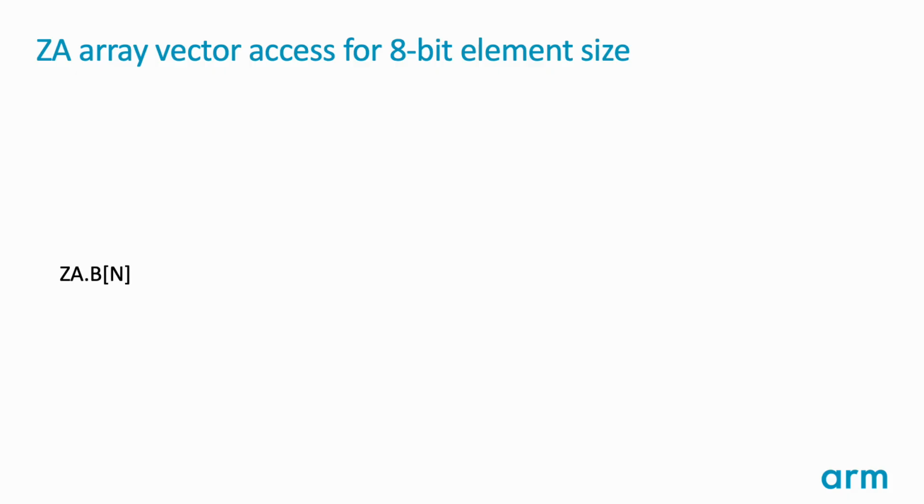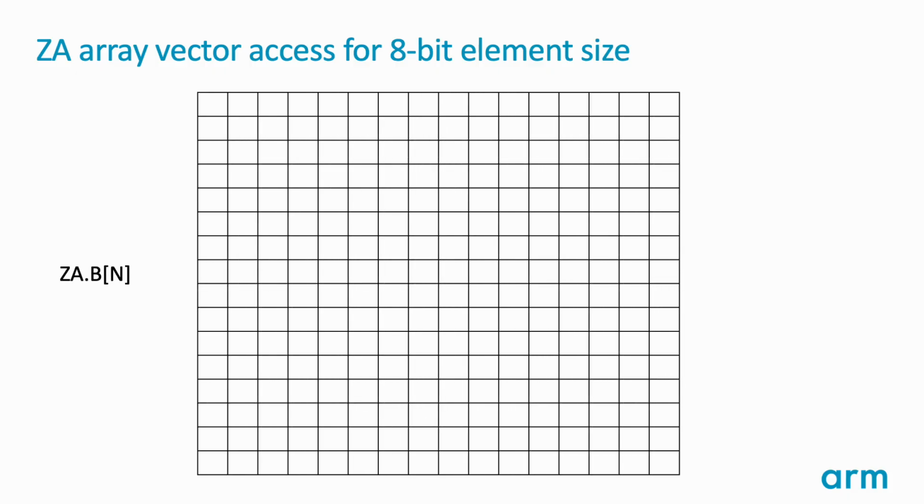Here we have considered an example of a 128-bit implementation. The notation that can be used to access byte is B. So we have this suffix, ZA.B. The n will indicate the number of the row that you want to access. The whole thing is a ZA array vector.